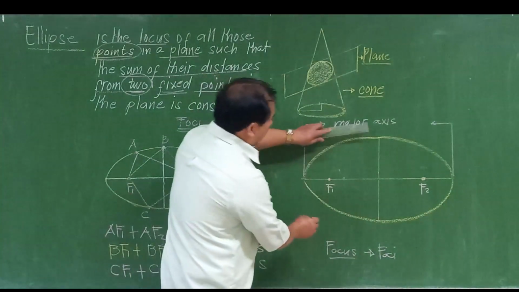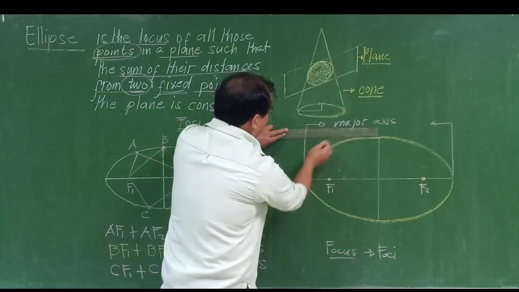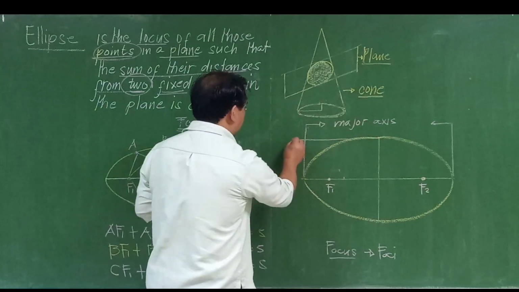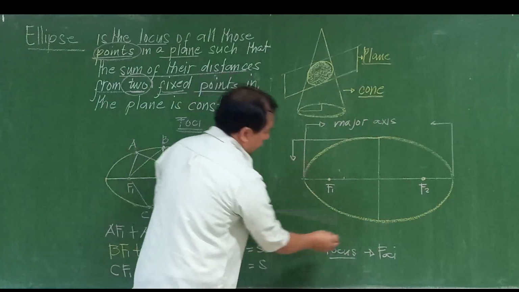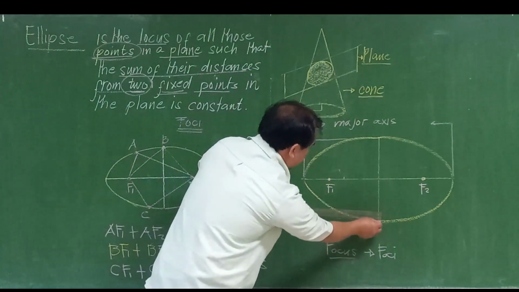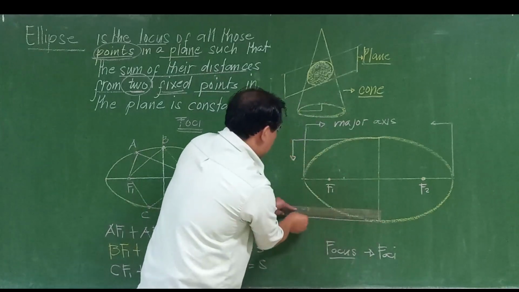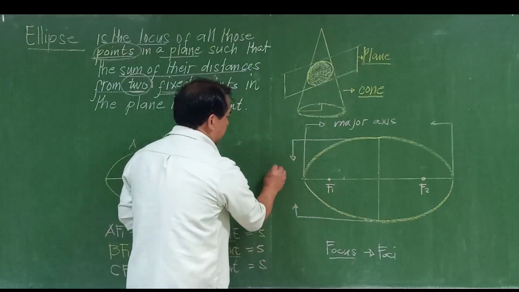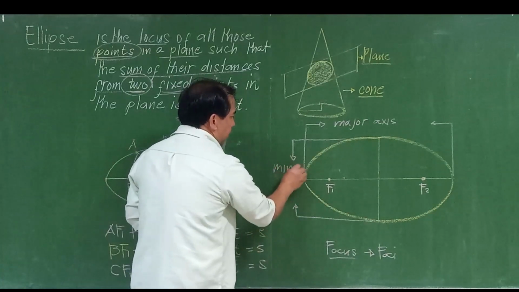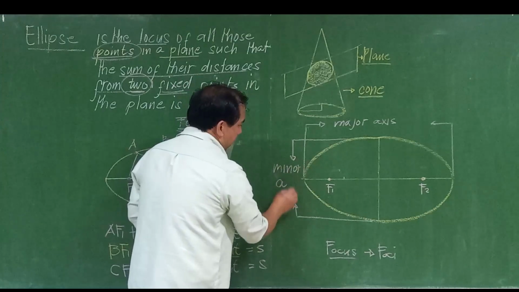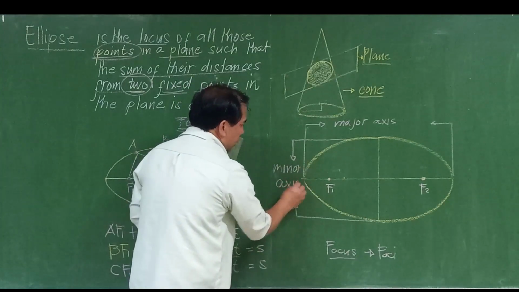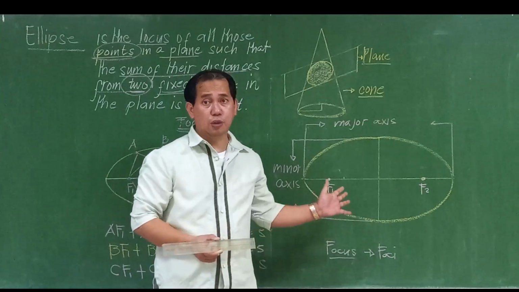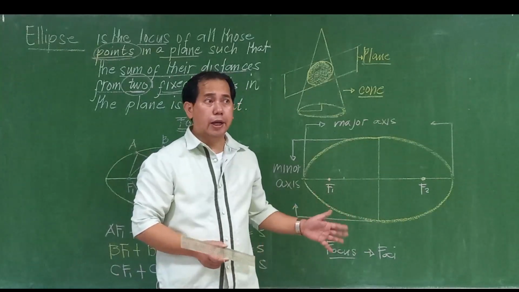So, if I were to identify that one, that would be my minor axis. So, when we are talking of ellipse, there are two axes that we consider, the major and the minor axis.